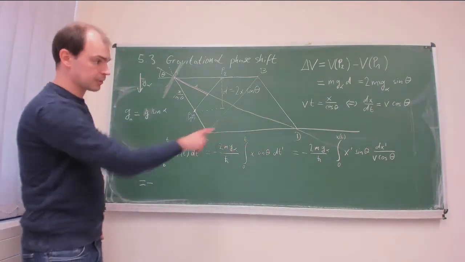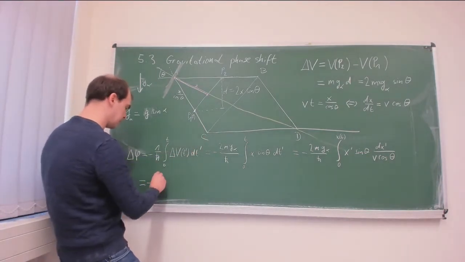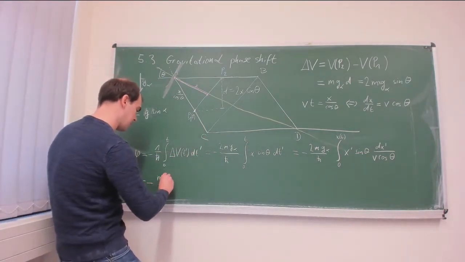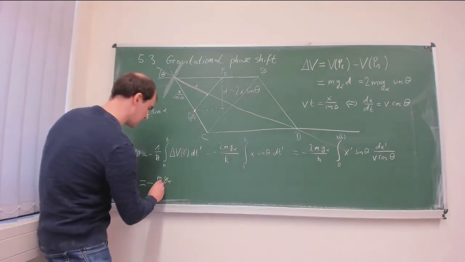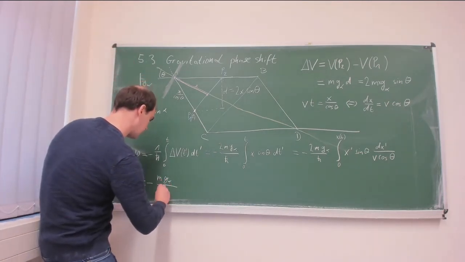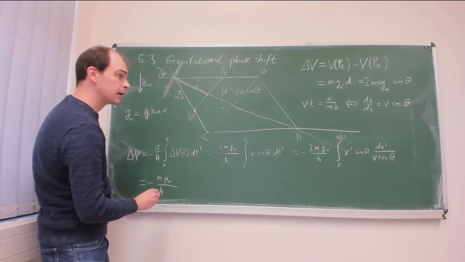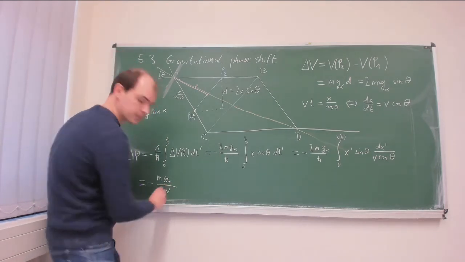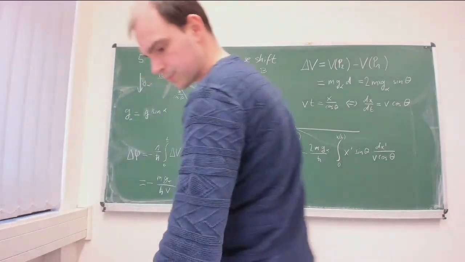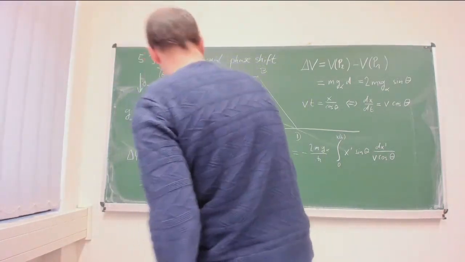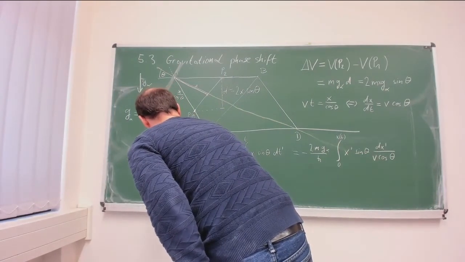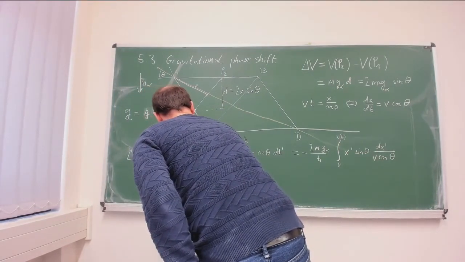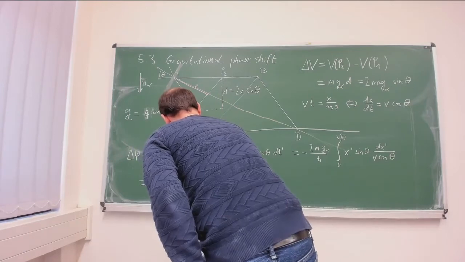So this cancels with the 2, and we find minus m g alpha divided by h bar. Then we have the v here, tangent theta, x squared.